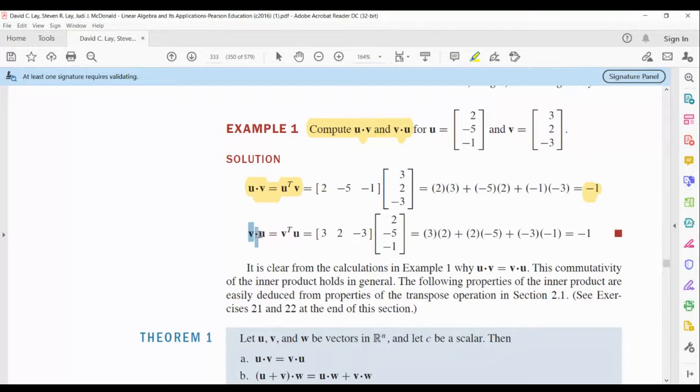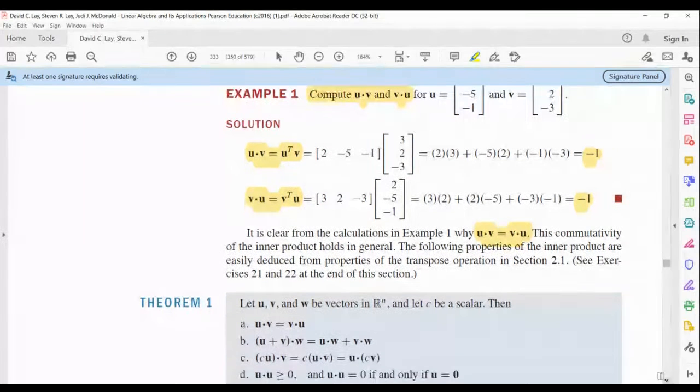On the other hand, v dot u equals v transpose times u, and that also, incidentally, equals -1. Okay, so this basically shows that it's clear based on the example that u dot v equals v dot u. It's called the commutativity of inner products, and inner products are commutative by virtue of the definition of the dot product.